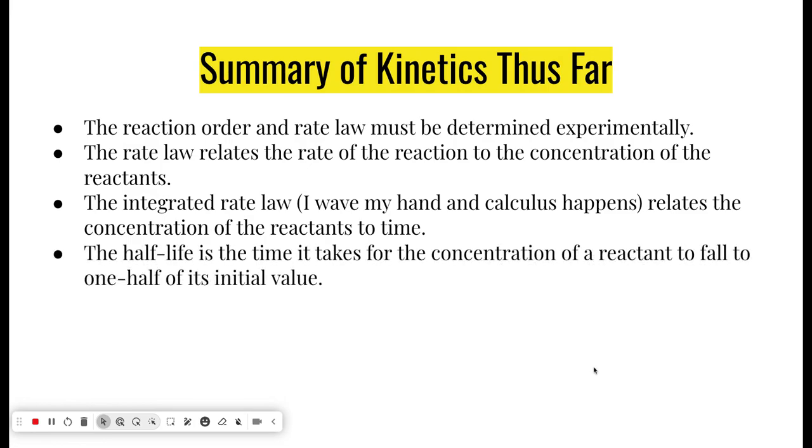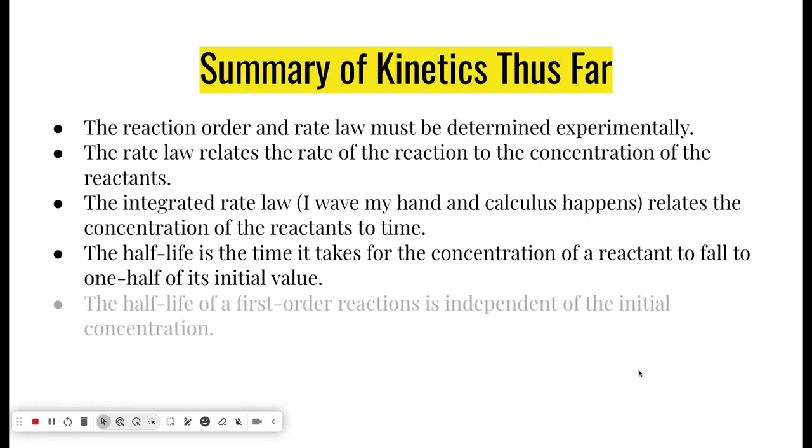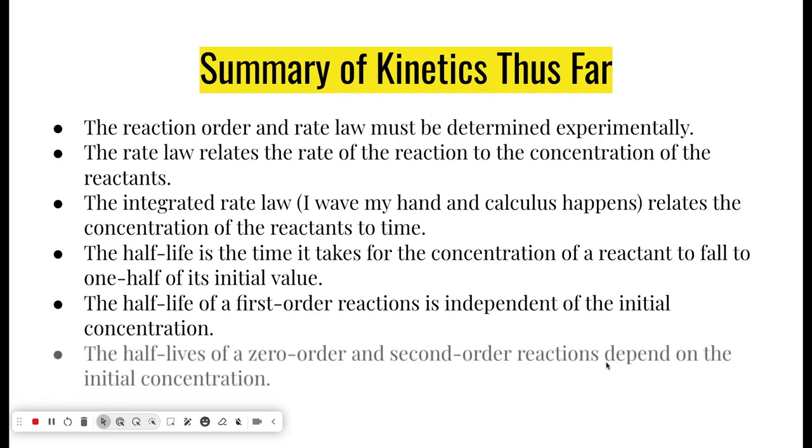The half-life is the time it takes for the concentration of a reactant to fall to 1/2 of its initial value. The half-life of a first-order reaction is independent of the initial concentration. The half-lives of zero-order and second-order reactions depend upon the initial concentration.